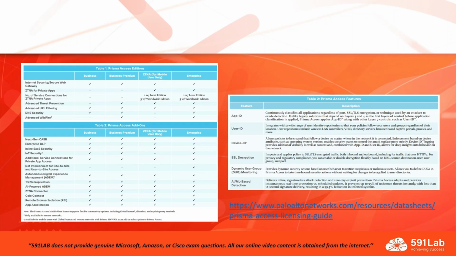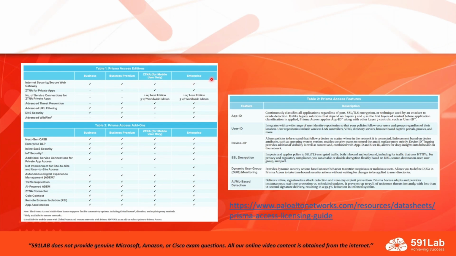You can access it and find out the basic features that every edition of Prisma Access provides, and also which add-ons we can add to each Prisma Access edition. Prisma Access currently has 4 editions: Business, Premium, ZTNA, and also the Enterprise.